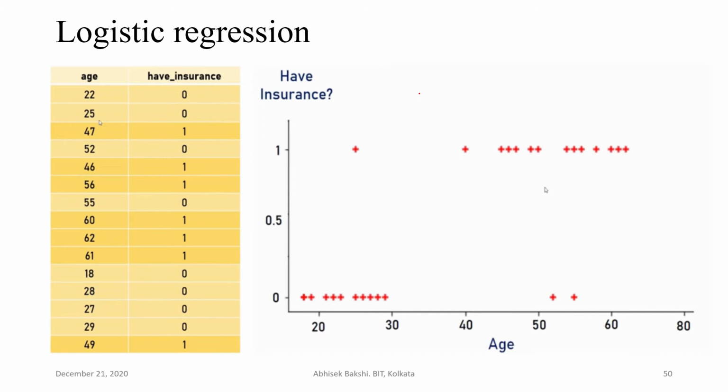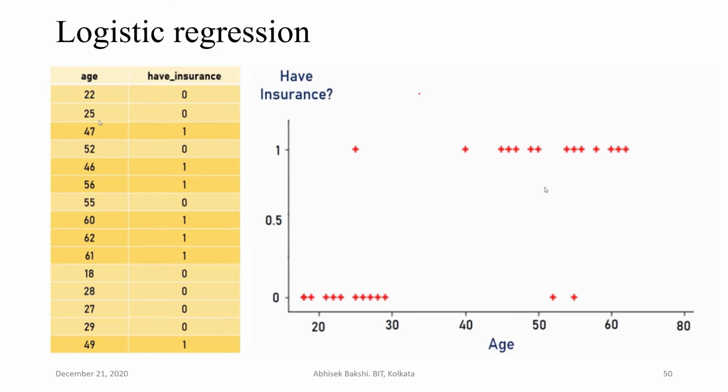Now if you watch this particular table with attention, what you can find out is that most of the people below age 30 or 35 are not interested in taking any insurance. They don't have any insurance right now. But as the age increases, the probability of having insurance has increased.